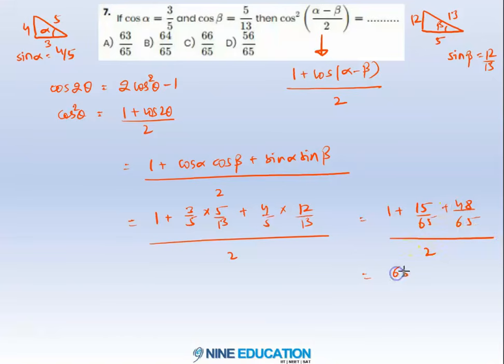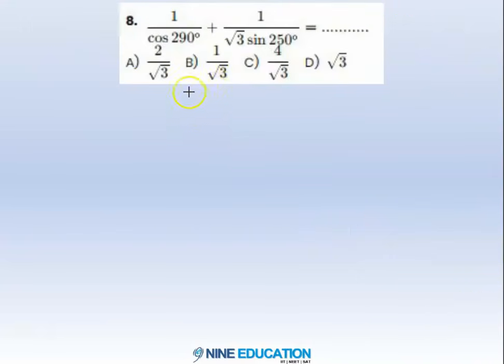So this is 65 plus 15 plus 48 divided by 65 into 2. So this is 65 plus 15, 80, 80 plus 48, 128 by 65 into 2. So it's going to be 64 by 65. Option B is correct.